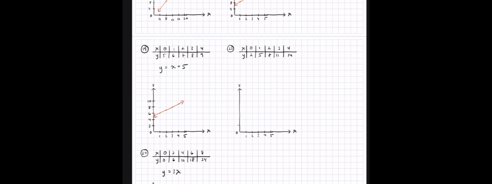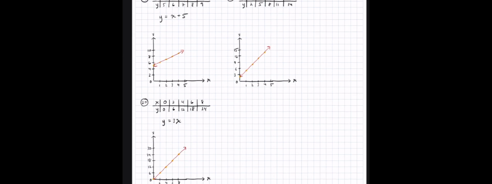If we go to 14 here, let's go 3, 6, 9, 12, 15. So 0, 2 is here. 1, 5 is here. 2, 8 is up here. 3, 11 is up here. 4, 14 is up here. Cool. Little graph.